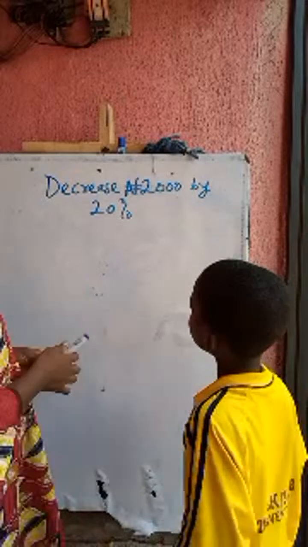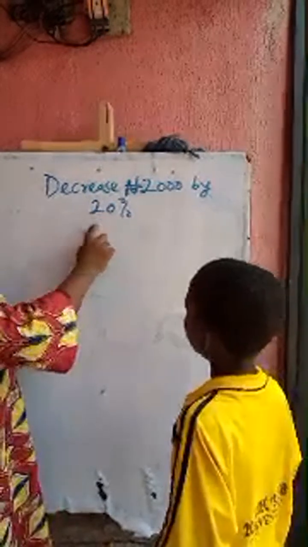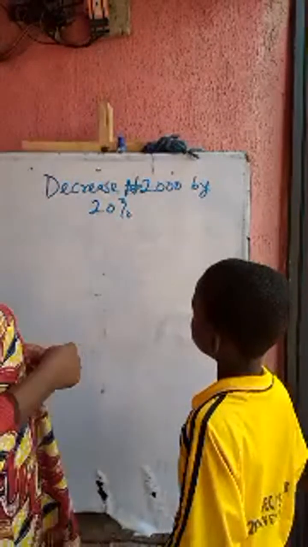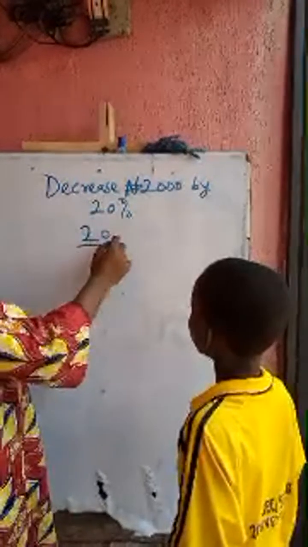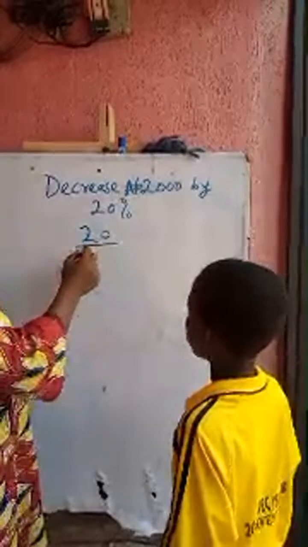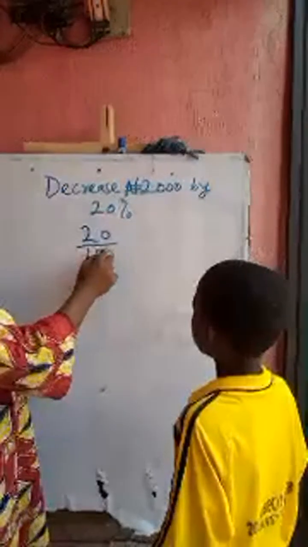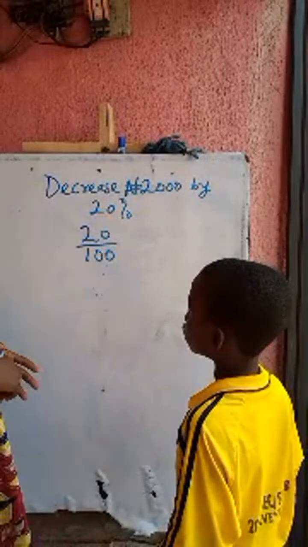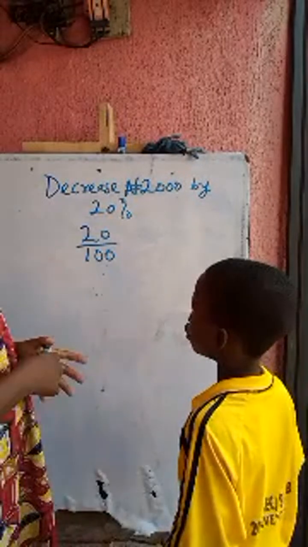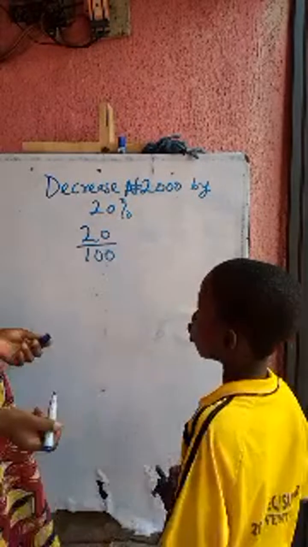We start with the percent, 20 percent, which is 20 over 100. Because whenever we hear the word percent, it means over 100, or divided by 100.